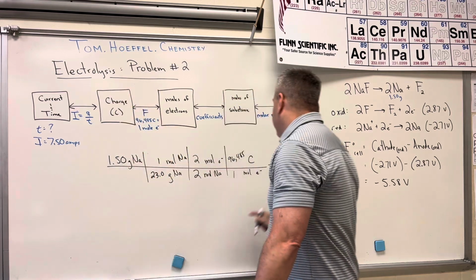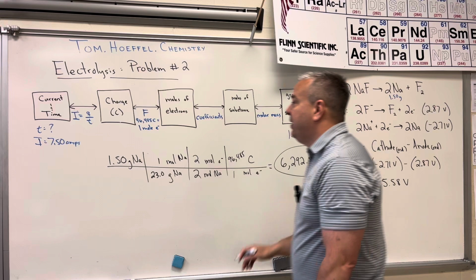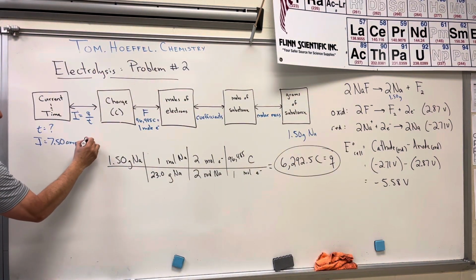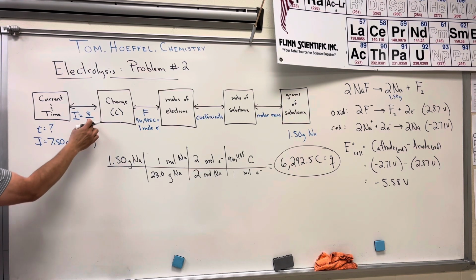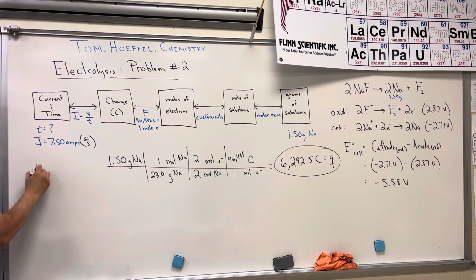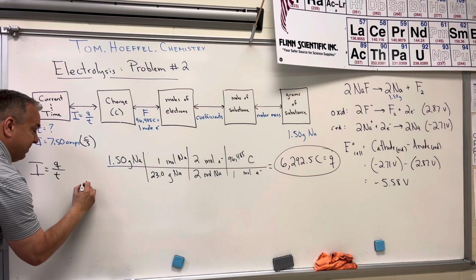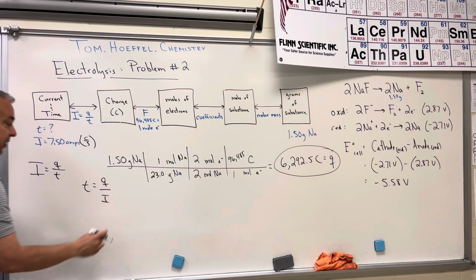Now I'm going to use that charge, which is equal to Q, with this equation and the amps. Remember, amps is kind of like coulombs per second, and I'm going to use that to figure out the time. So I'm going to rearrange this equation: the time is going to equal Q over the current.